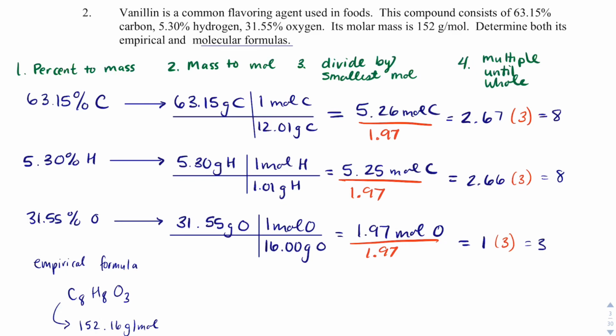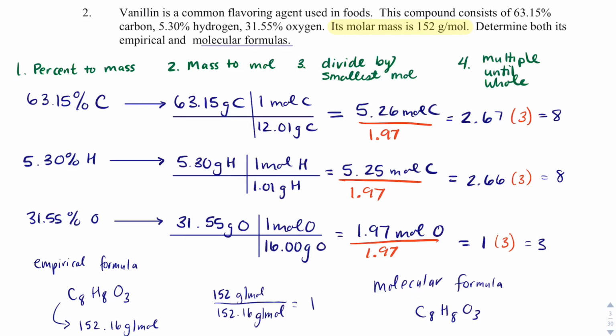The problem tells me that the molar mass of this compound is 152, so I can be formal about it and say, okay, I'll take 152 grams per mole, and I'll divide by 152.16 grams per mole. Of course, there's a little bit of rounding here, and I get 1. So my molecular formula, and this is totally fine, this happens often, not always, but often, is going to be C8H8O3. They can be the same.